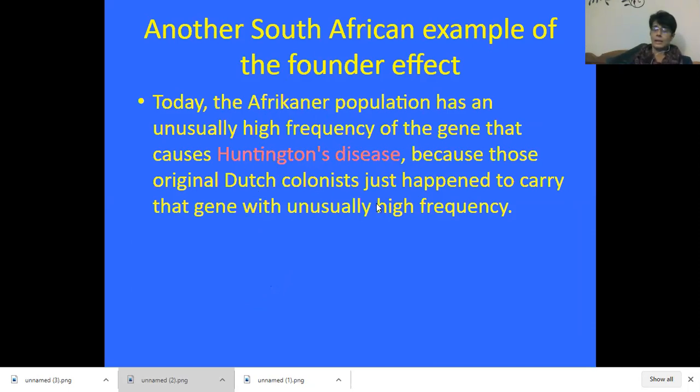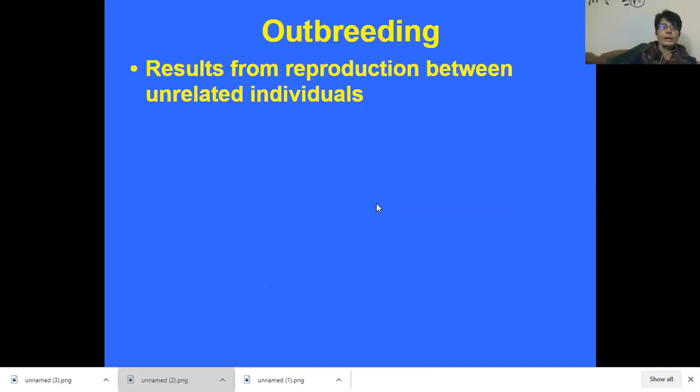All right. So it's all about trying to promote outbreeding. So if there's a bottlenecking event, like with the cheetahs, that's why they're trying to breed in with other cheetahs, trying to introduce other alleles, or to improve heterozygosity.